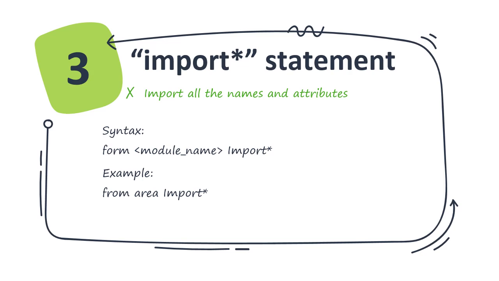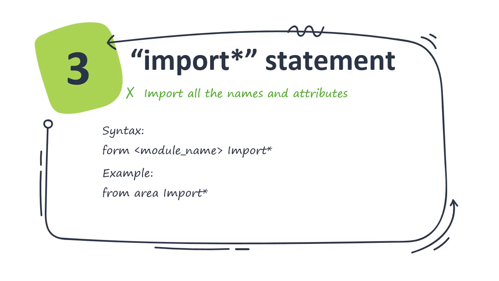We have already discussed the name variable: all the names associated with a particular module are stored in a special variable called name. So this import star statement imports all the names and all the attributes or functions in that module into our Python program. The syntax is from a particular module name import star. Then the example: from area import star.